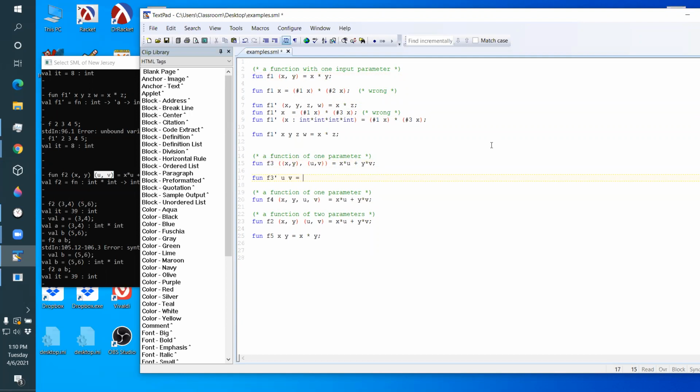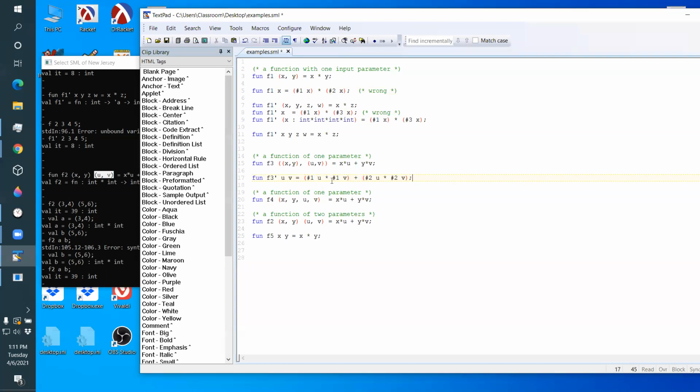So this would take the first item of U times the first item of V, that's the first part of the dot product, plus the second item of U times the second item of V, okay?